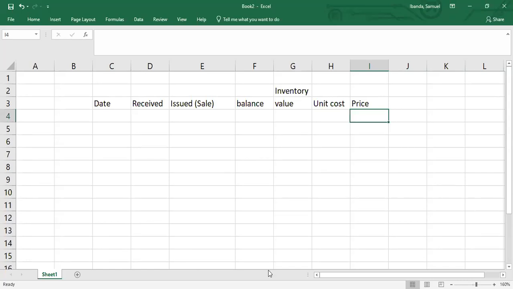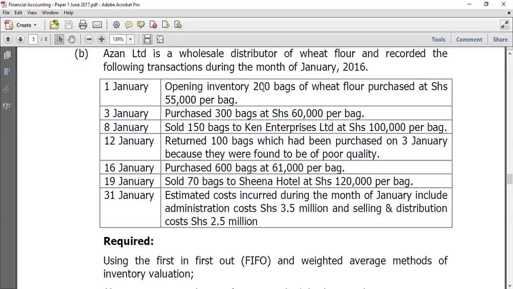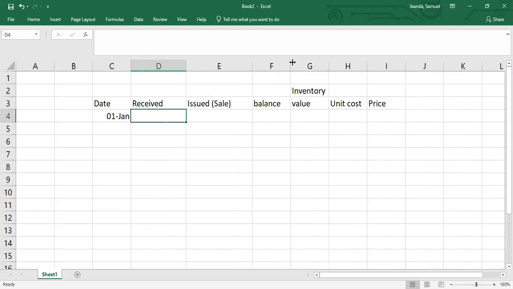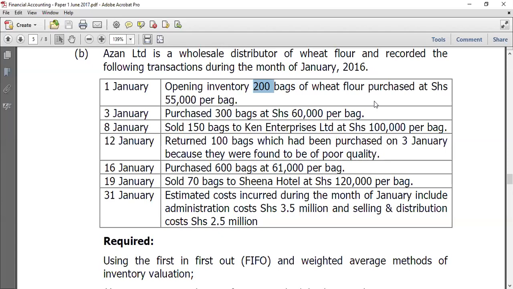Once we have that, let's first record ours. Let's record the opening inventory, which is 200 bags at 55,000, on 1st January. In this case, it's actually a balance, our opening balance, and they're telling us these are 200 bags.